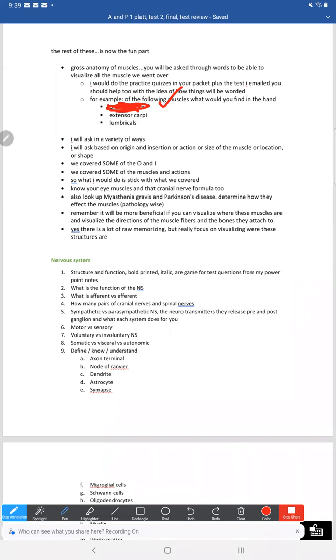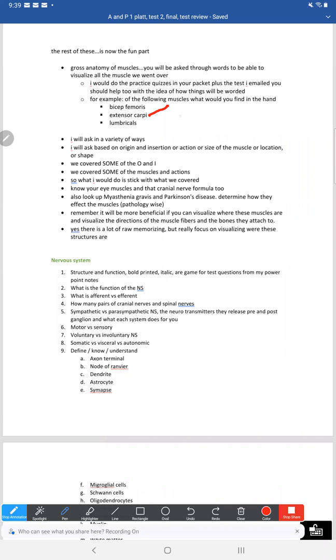Okay, extensor carpi. Well, there's a clue. Carpi, that's in the wrist/hand area, or lumbricals. Okay, now this one I can see confusing people because you might have selected extensor carpi.